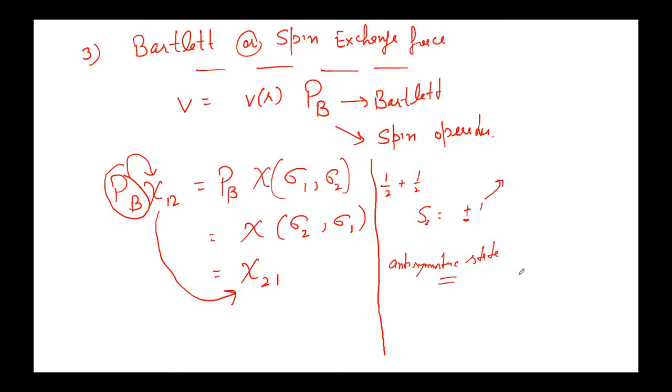So when both the spins are anti-parallel, the value of the total spin gets cancelled. So this is how the spin operator changes the spin of these two coordinates. This we can write as minus 1 to the power s plus 1.